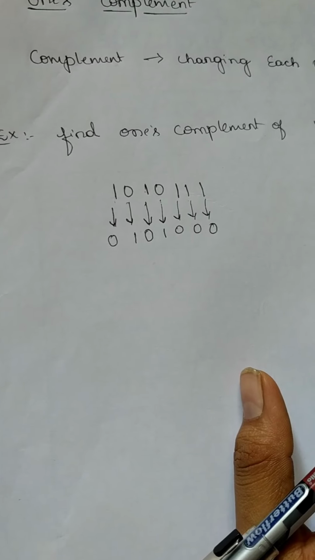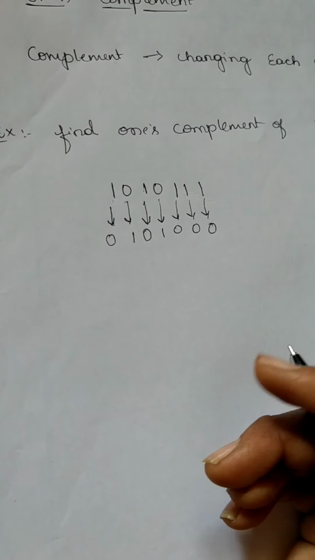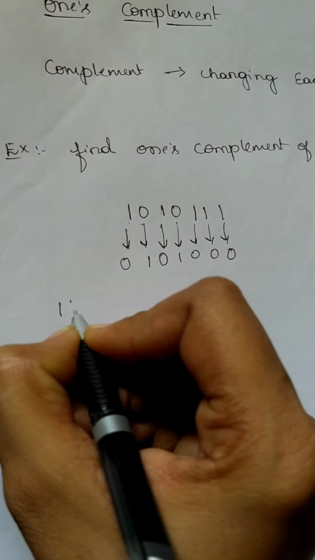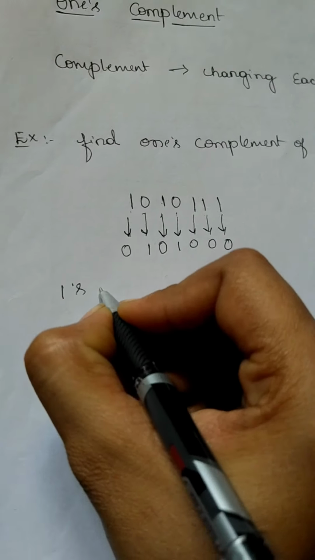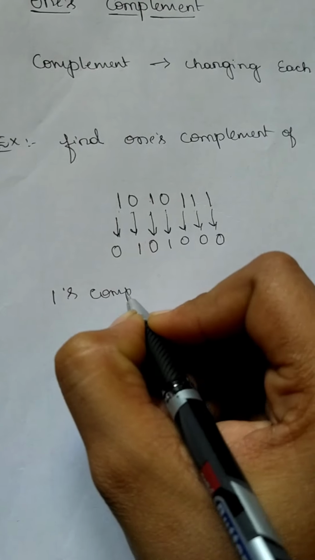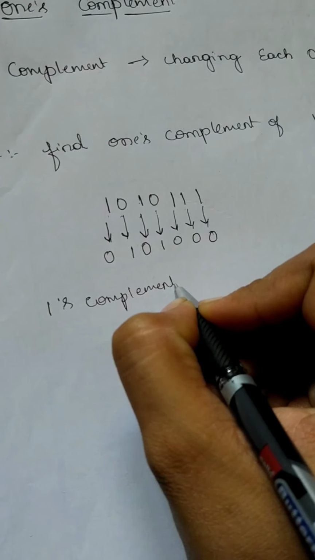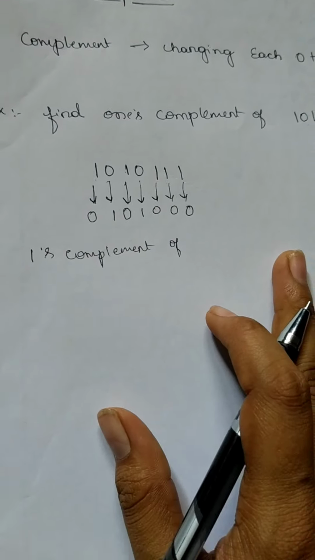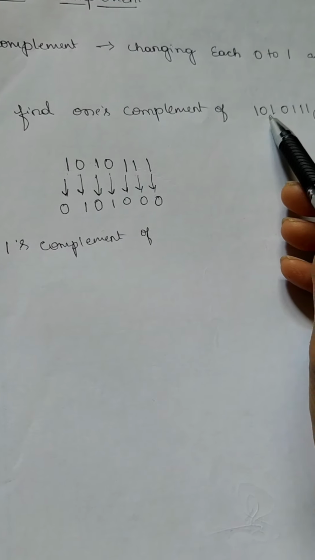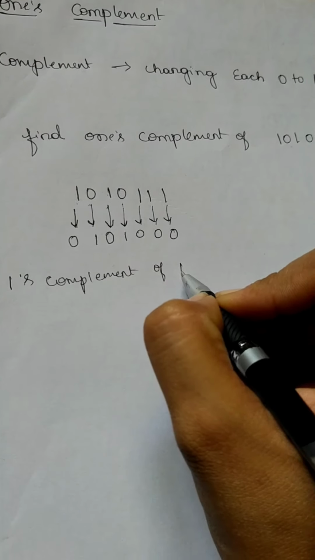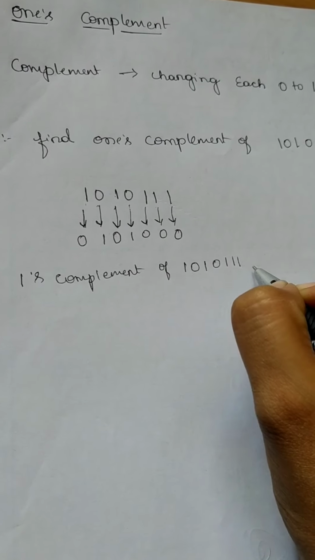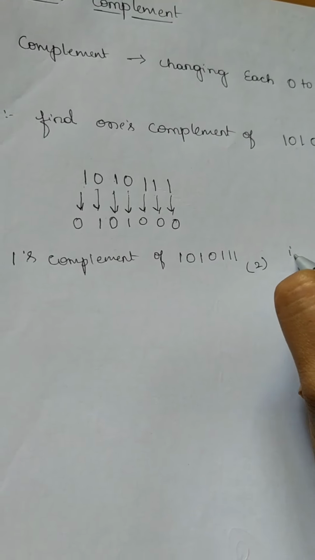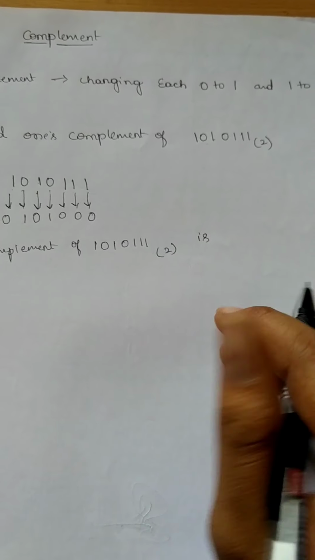So these kinds of questions are very important for 1 mark questions. So the ones complement of, what was the question? 10101111 base 2 is, now we have to write the answer.